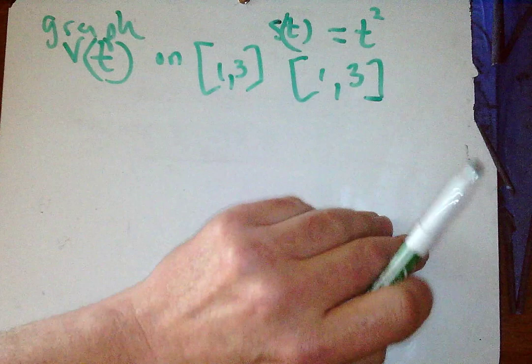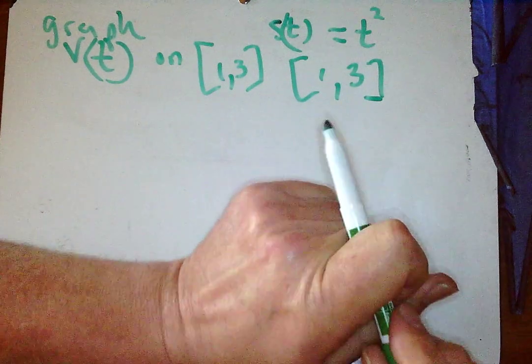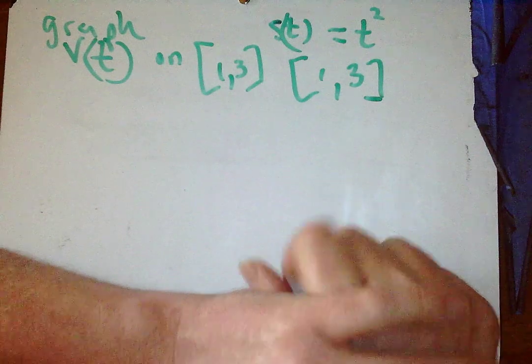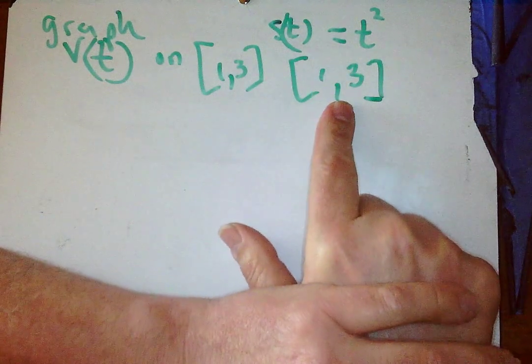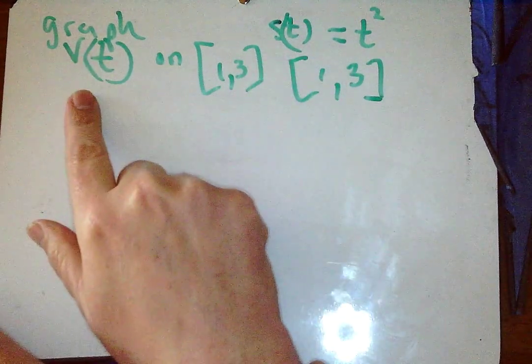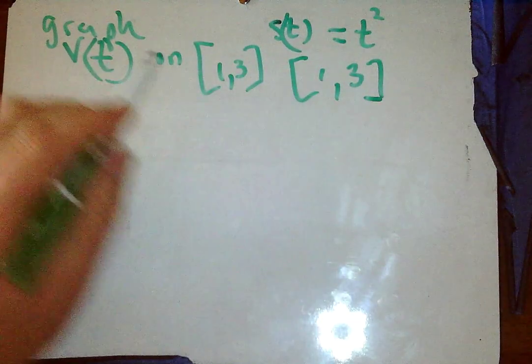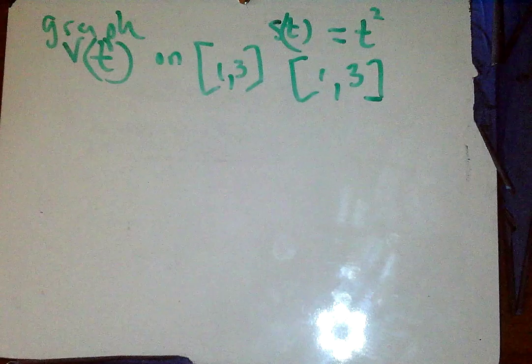Because I want to see if we can answer the question, what is average velocity? But instead of looking at the position graph, I want to look at the velocity graph. So please graph v of t on that interval.